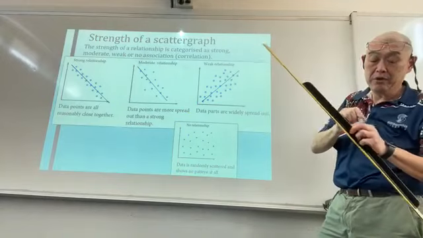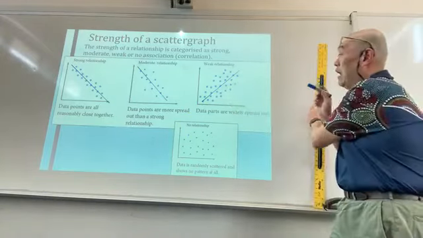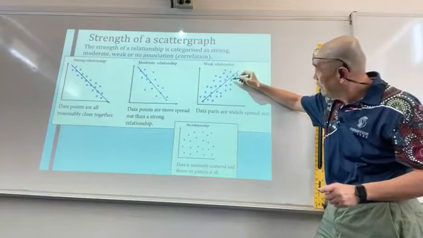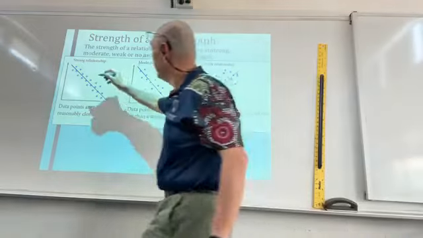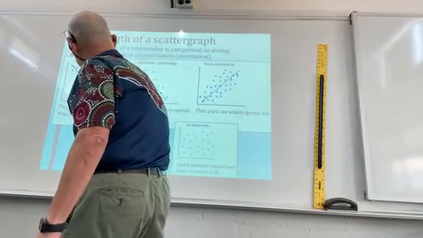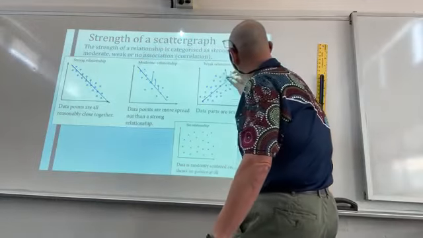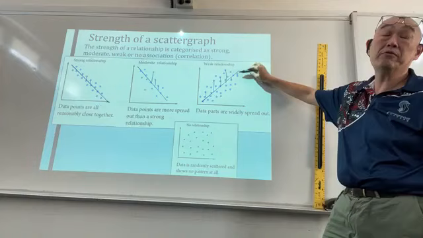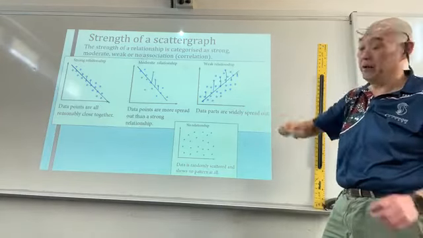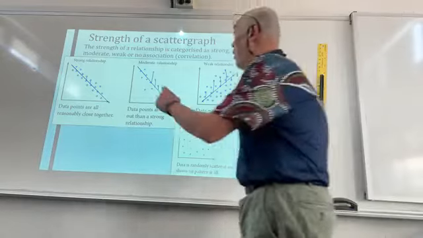All right? We will learn all this a little bit later because you need to learn what these are, the distance. All right? Look at this. This distance is very close, the vertical distance. This one is all over the place. You will learn, this is called the residual. We'll learn how to do the plot a little bit later. All right? So you can see why this is strong.